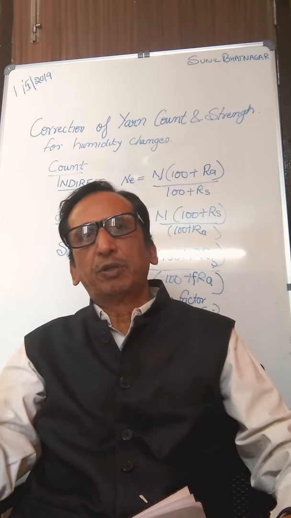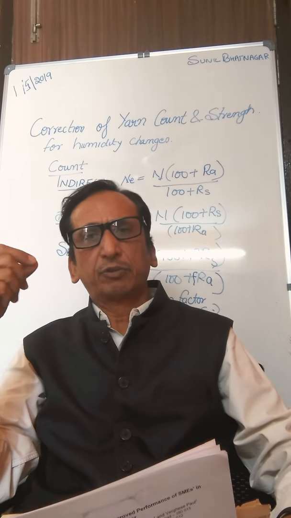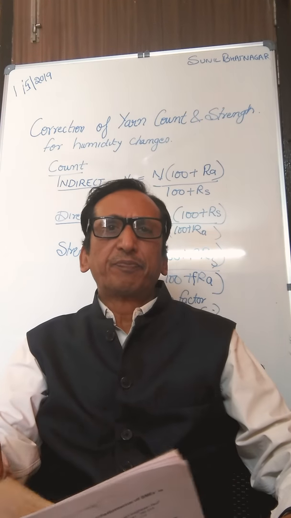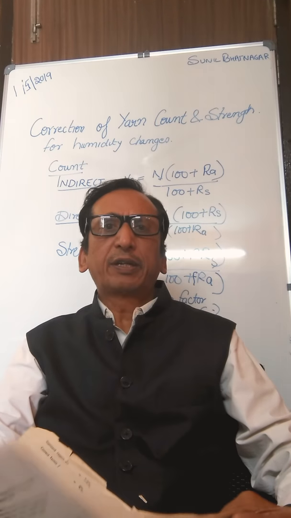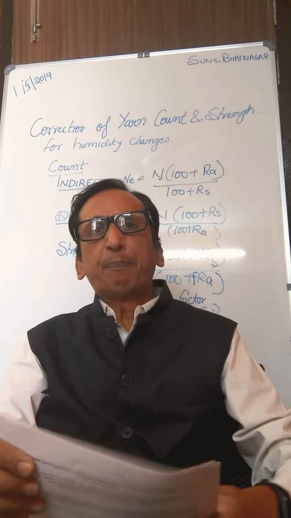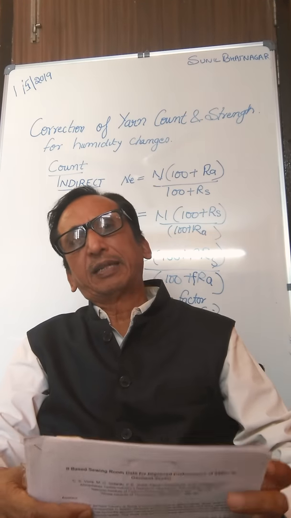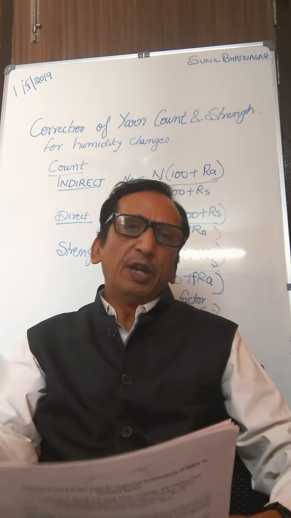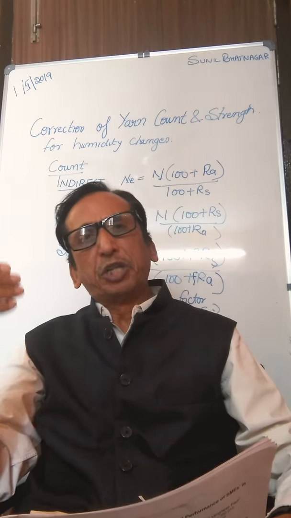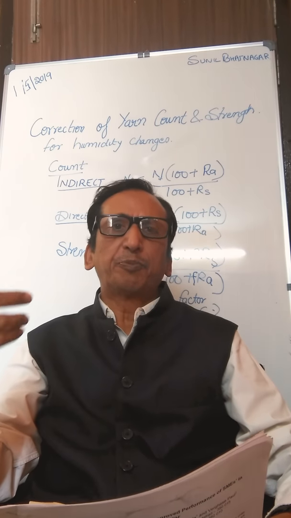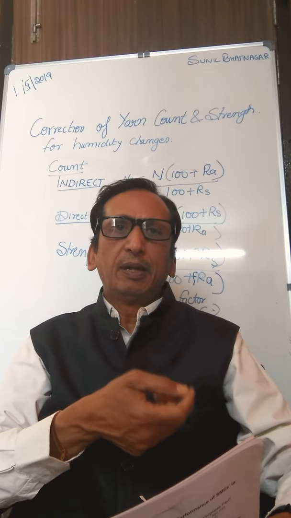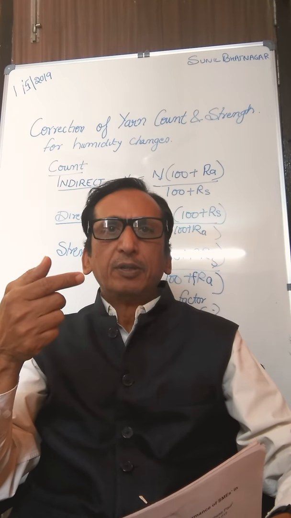Now the question comes of the correction of yarn count and strength for humidity changes. As I have discussed in a particular case of draw frame wrapping, the decision of the chain pinion was made on the basis of wrapping in the department.